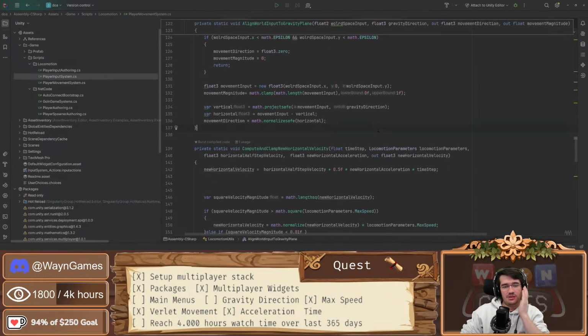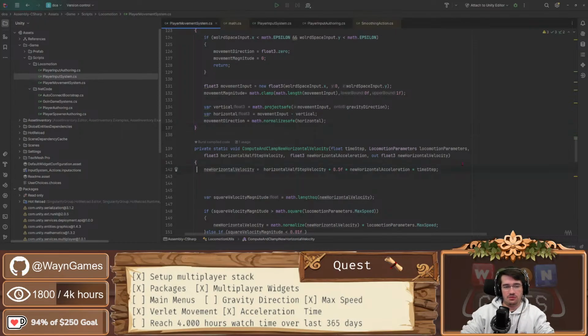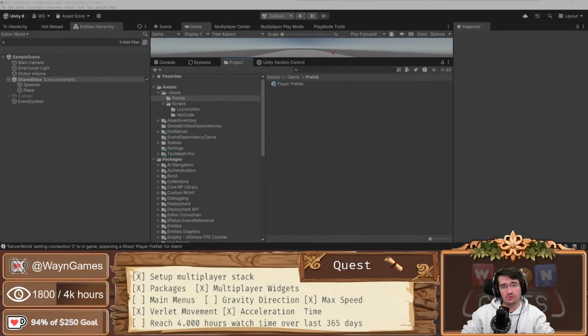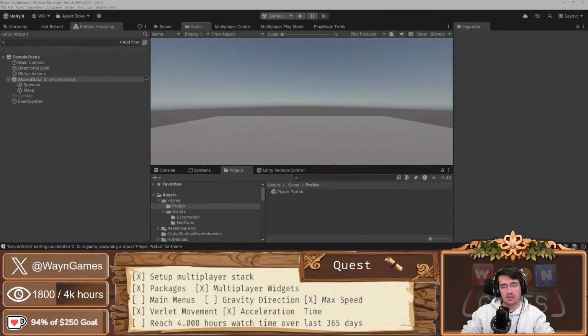So for me, I don't have compilation errors, so that's good. Let's try that out. Yes, in 1.2 entities, okay. Yeah, I don't remember having to add the job handle for the producer, but it's possible.